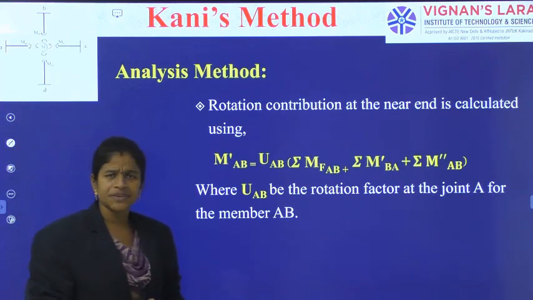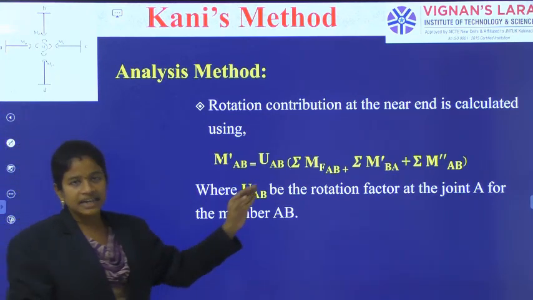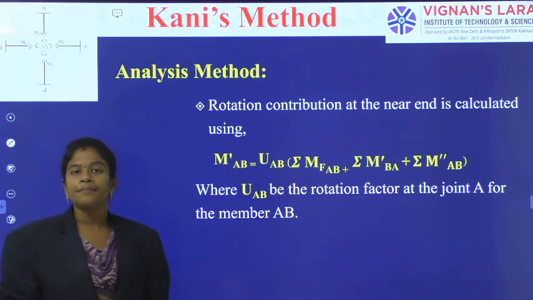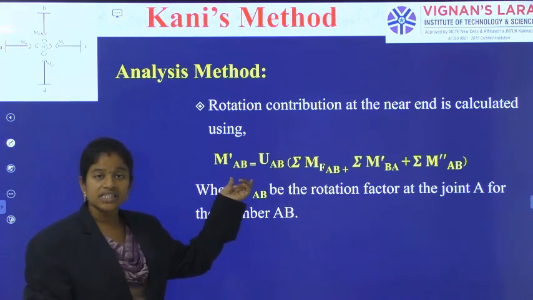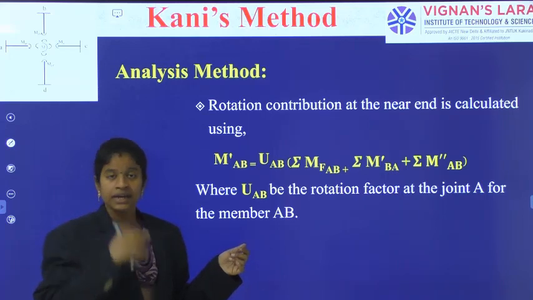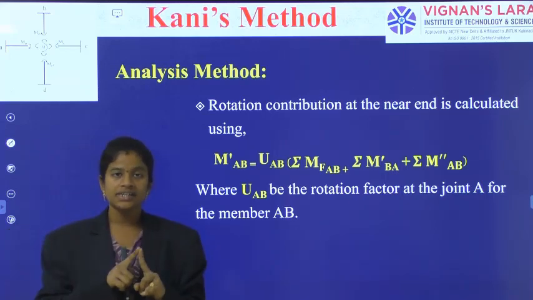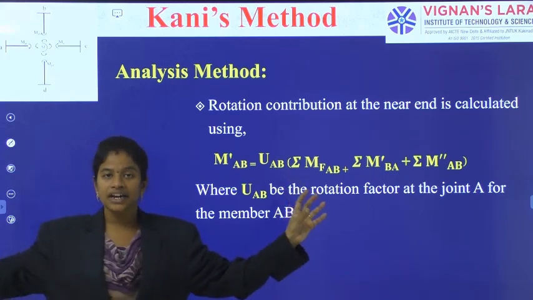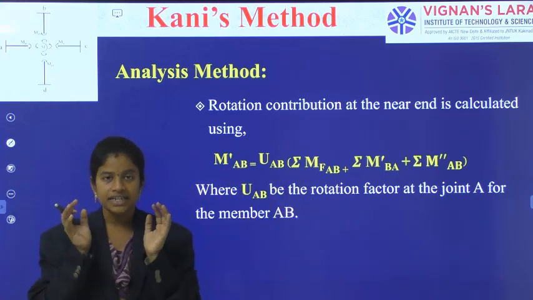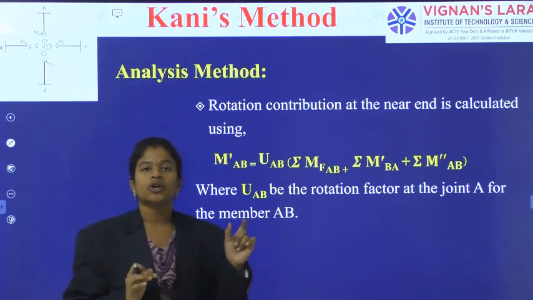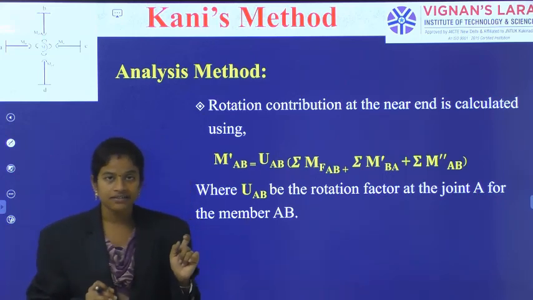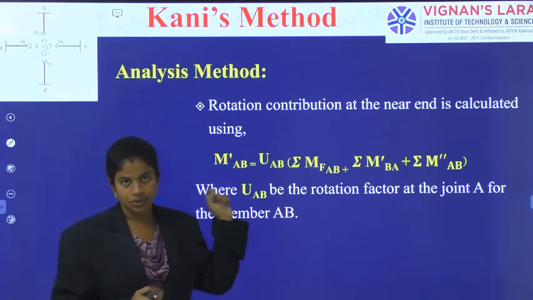Next, the analysis method, the same thing only, but it is having that part. Okay, M dash AB. So the rotation contribution formula is involving, initially, what? The summation of the fixed moments at the joints and the sum of the far end rotation contributions. That sum needs to be multiplied with the rotation factor, and that will give the near end rotation contribution.